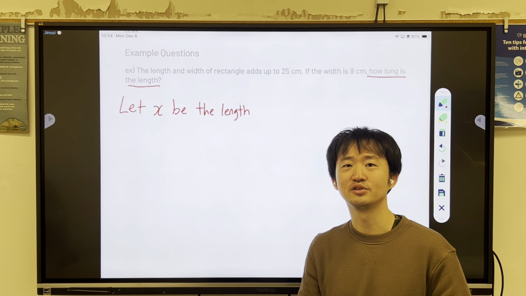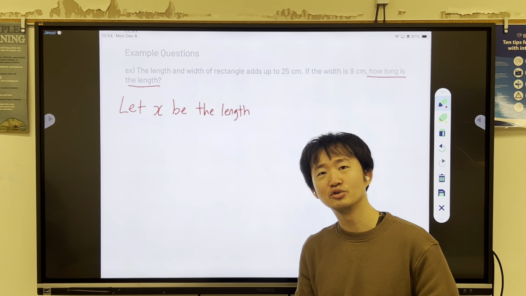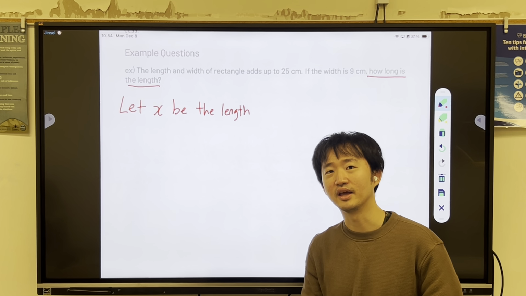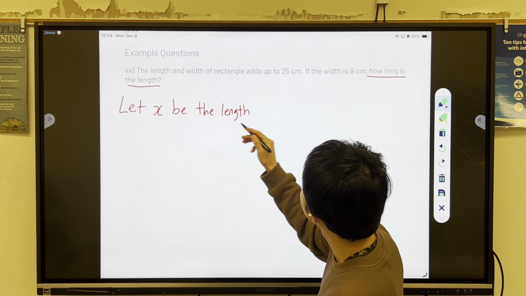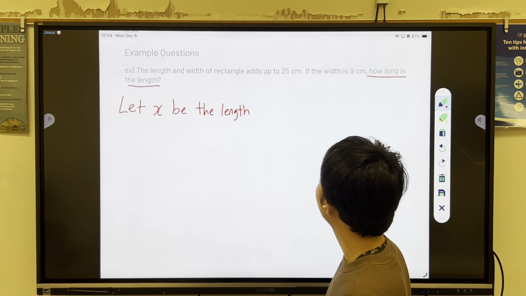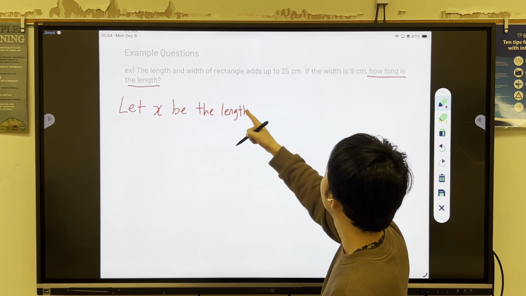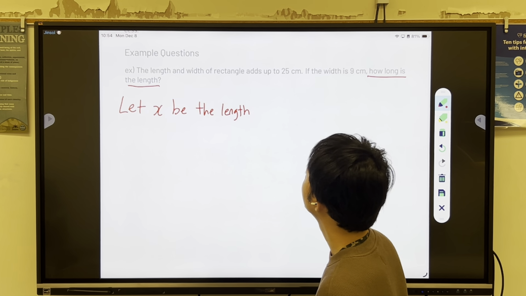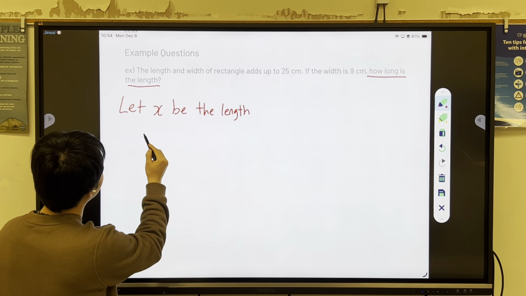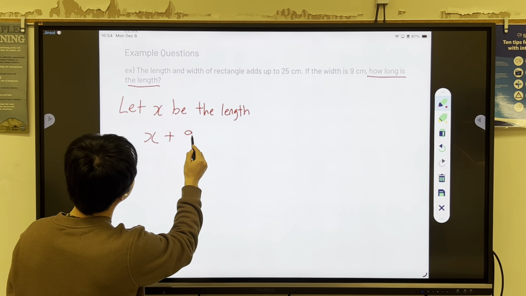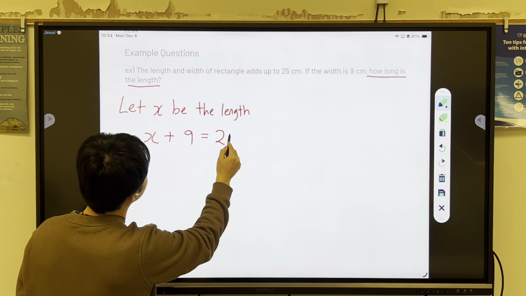Now, the third step is to set up the equation. Usually, setting up the equation is the hardest part because we need to translate the English to math. It says the length and width of the rectangle adds up to 25 centimeters. So I think we can say the length, which is x, and the width, which is 9, add up to 25.